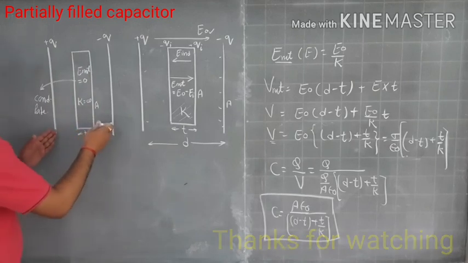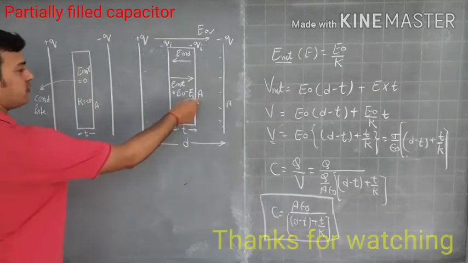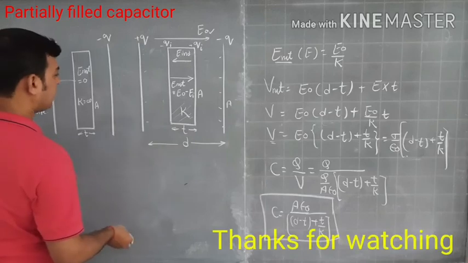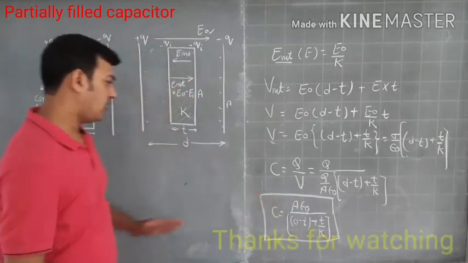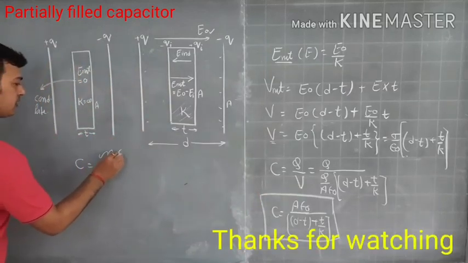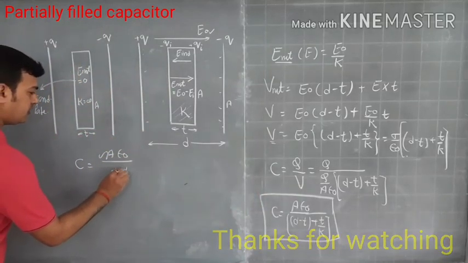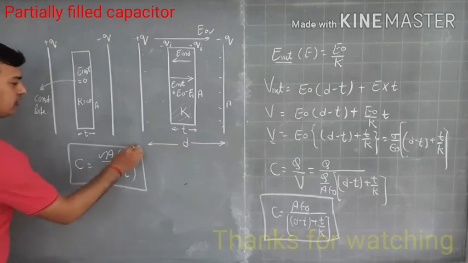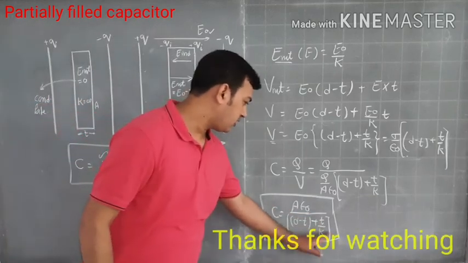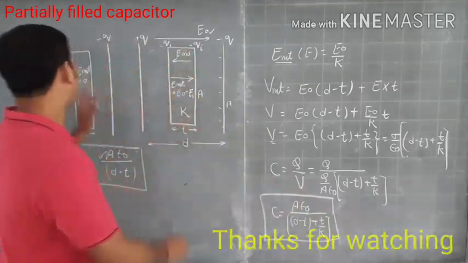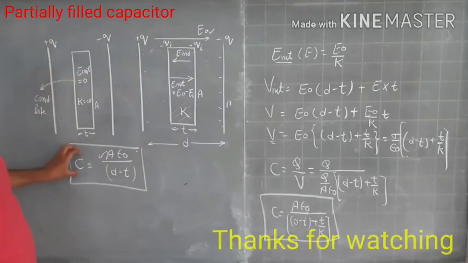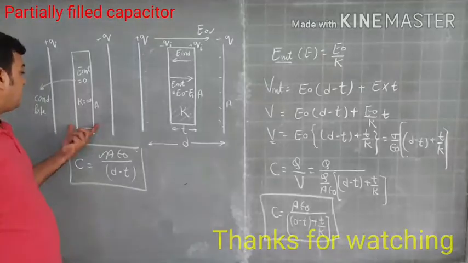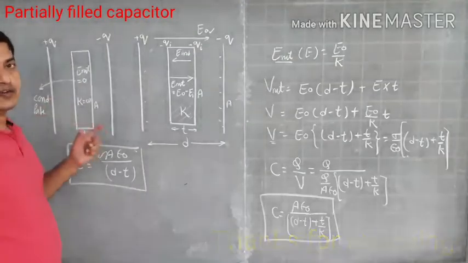So if I place a conducting plate of the same area and thickness, then in that case the capacitance will turn out to be A epsilon naught divided by d minus t only, because this term t by K is going to be 0 for a conducting plate. So with that we can find out the capacitance when a conducting plate is placed between the plates of a capacitor.